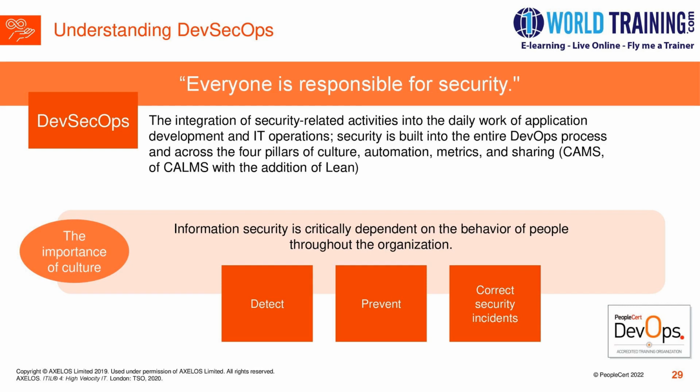However, when we talk about security within a DevOps organization, let's understand a bit of the definition of DevSecOps. It's a practice which we refer to in the application security area.